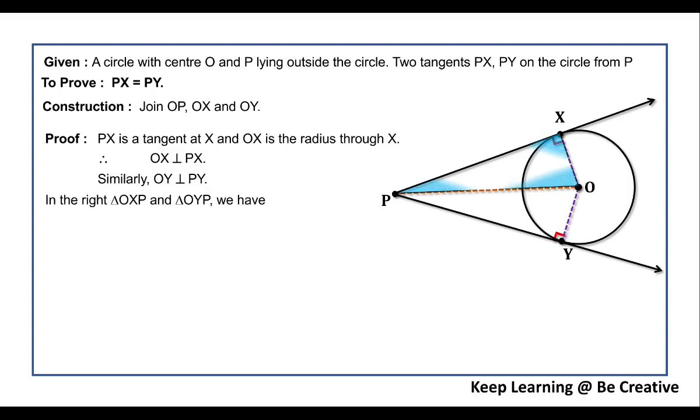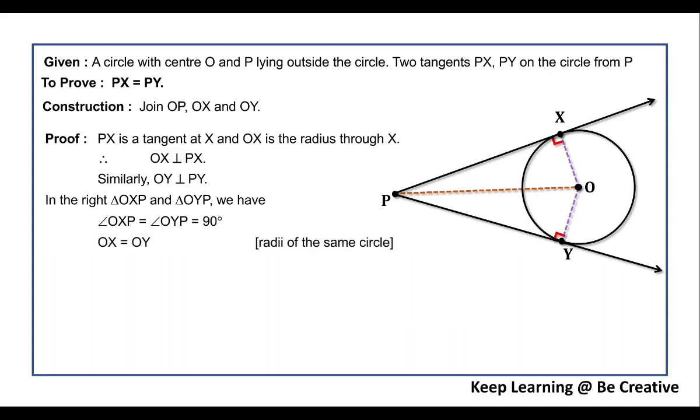Next, we can say that in right triangles OXP and OYP, angle OXP is equal to angle OYP, which is equal to 90 degrees. Just now we have understood that OY and OX are perpendicular to the respective tangents. This is a theorem which we have already studied.